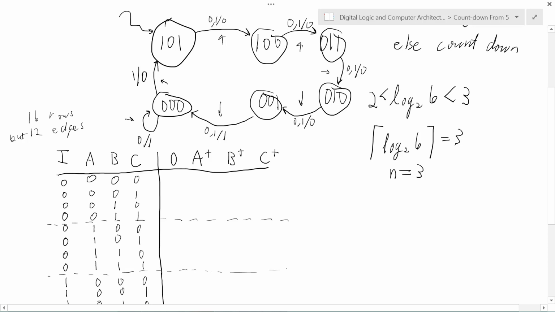The answer is we're going to use don't cares for our outputs. First of all, let's go through and handle the rows that we do care about. So, let's look at state 0, 0, 0.